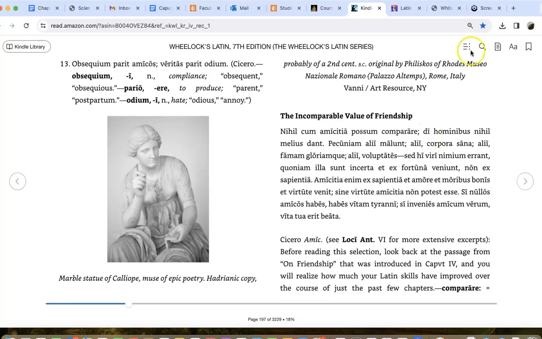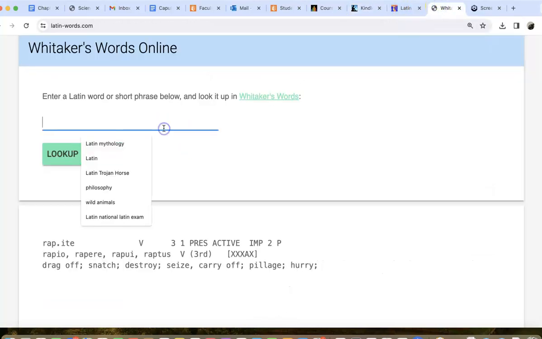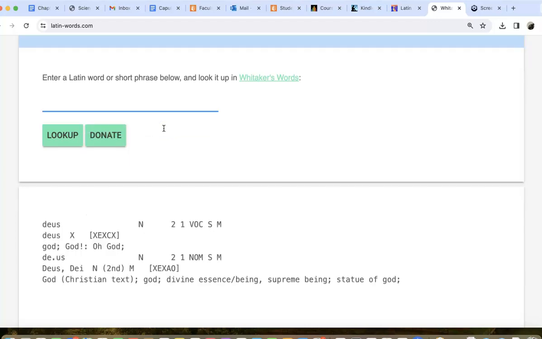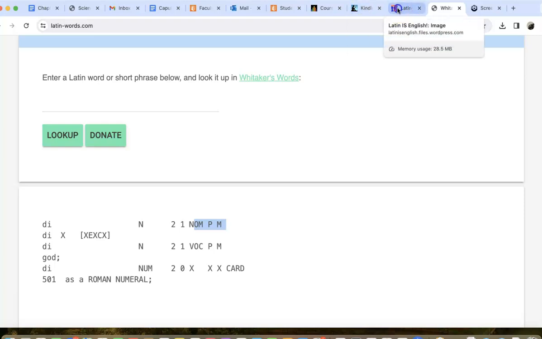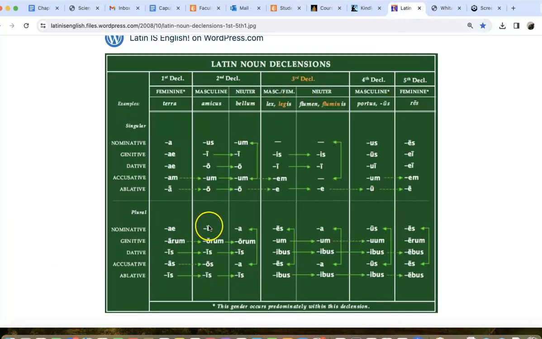The gods, so the DE is gods. So again, if we're not sure, we look it up. Of course, Deus is God, but then this is the gods, because it is in the nominative plural. And it ends with the letter I, which is second declension nominative plural, so DI.